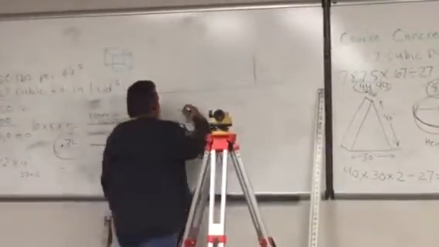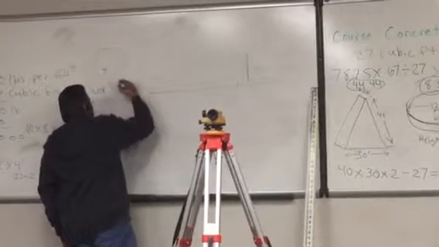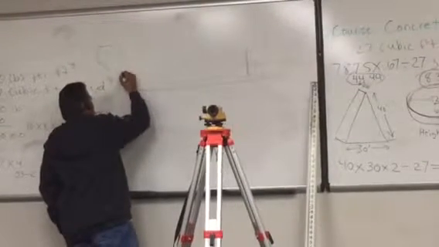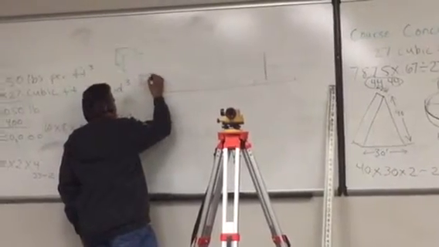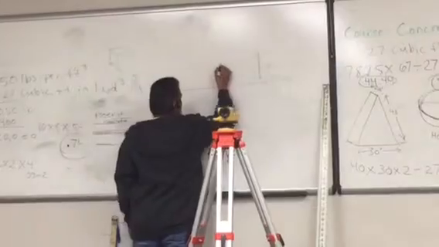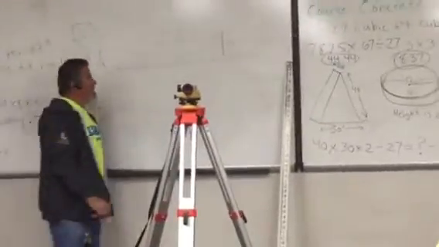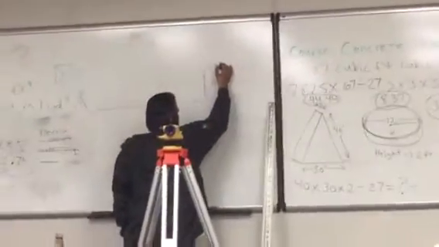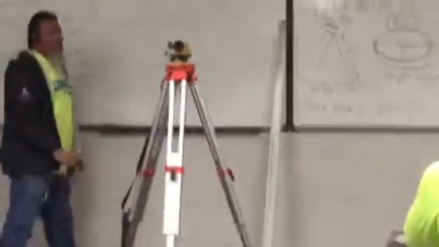But anyway, what I'm doing is I'm gonna go ahead and set this tripod up over here somewhere, okay? Here's my transit, and what I'm doing is I'm shooting a certain number there. We'll just give it a random number of 4 foot, 2 tenths, okay?